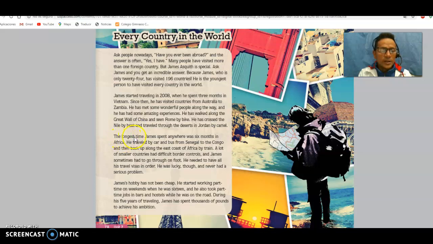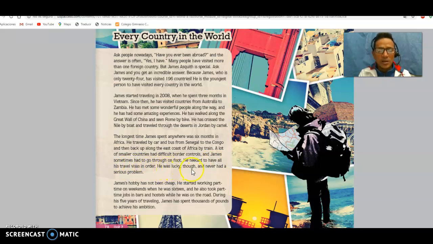The longest time James spent anywhere was 6 months in Africa. He traveled by car and bus from Senegal to Congo and then back up along the east coast of Africa by train. A lot of smaller countries have difficult border controls, and James sometimes had to go through on foot. He needed to have all his travel visas in order.